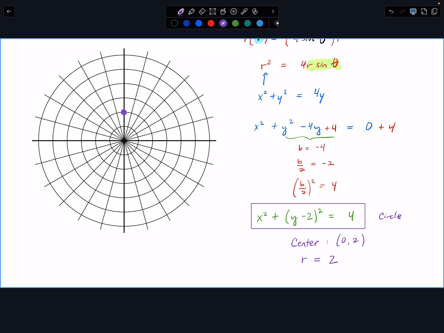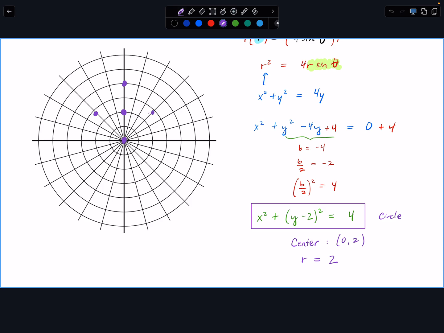And then what's my radius? 2. So I'm going to go down 2, up 2, and then I'm going to try to go to the right and left 2 about the same distance. So I'm going to kind of guess what that would look like. And that's even off, so I'm going to try it again.